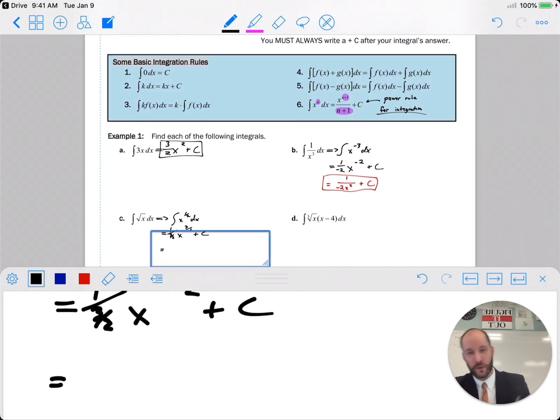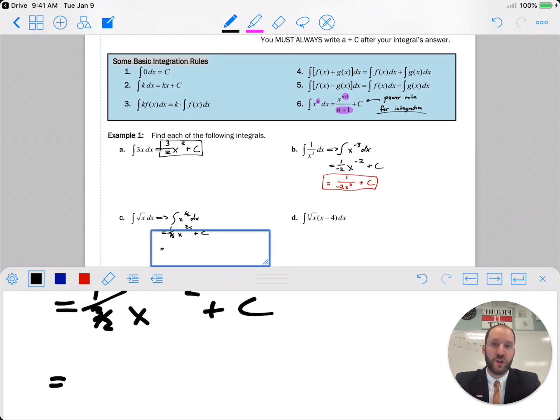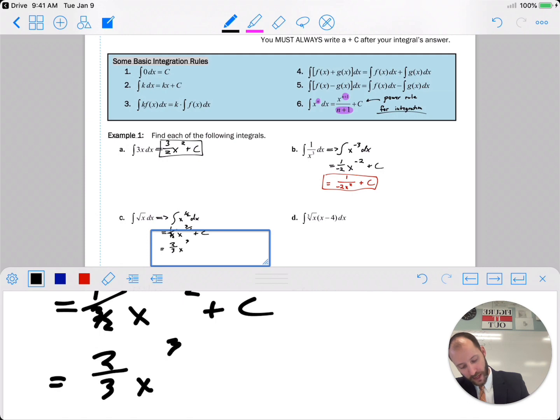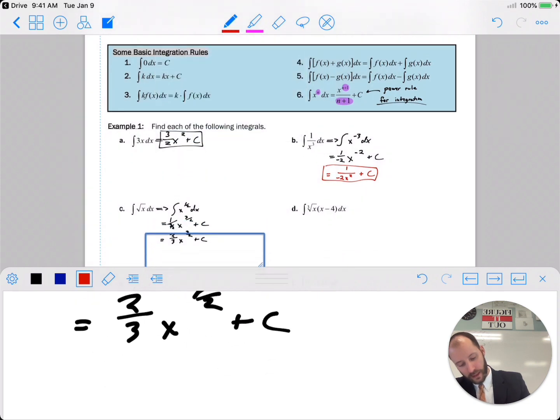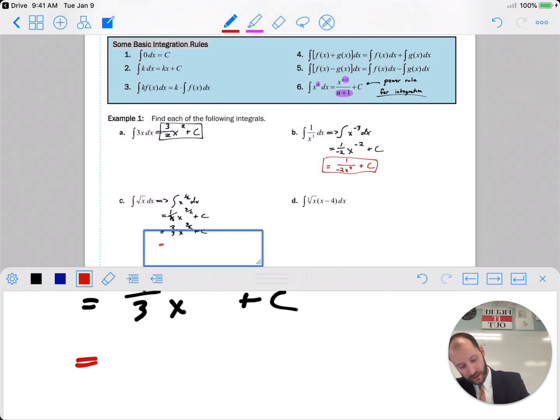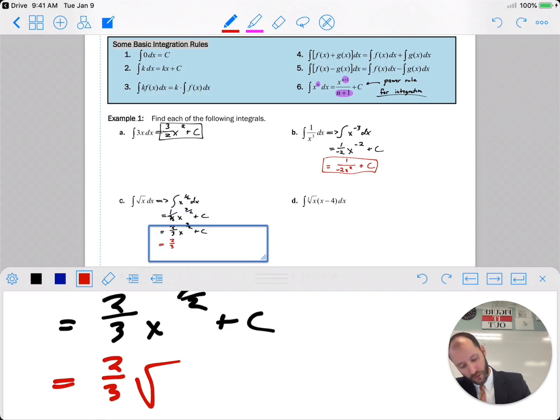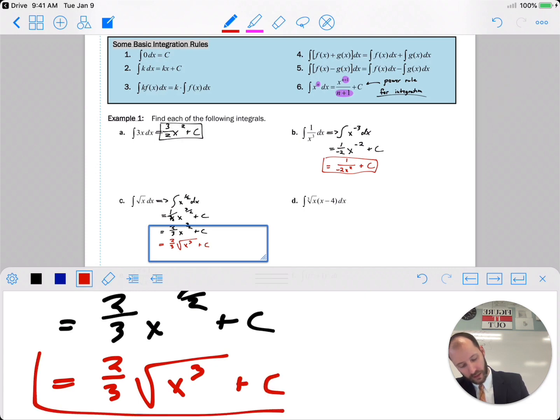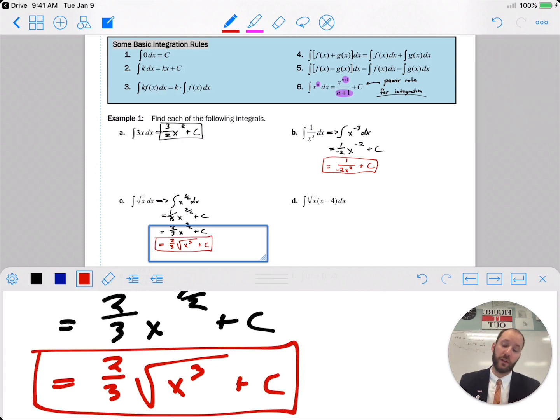So 1 divided by 3/2, you don't divide by fractions, you multiply by the reciprocal. So 2/3 x to the 3/2 plus c. And if you wanted to rewrite it, 2/3 square root of x cubed plus c. There you go.